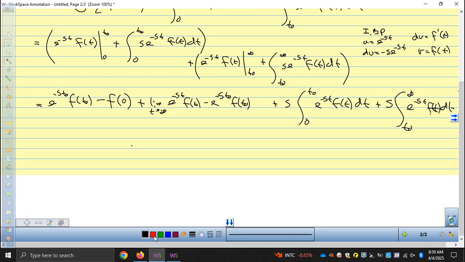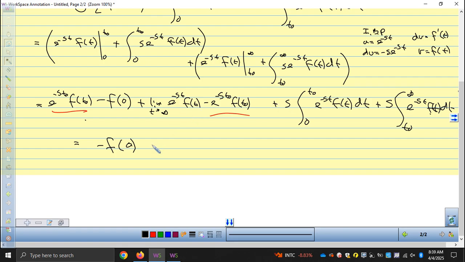Well, we see that these two terms, we have a positive one here and a negative one there, so those add to 0. We have a negative f of 0. This limit, because f is of exponential order, and if we assume that s is positive here, this limit is 0.